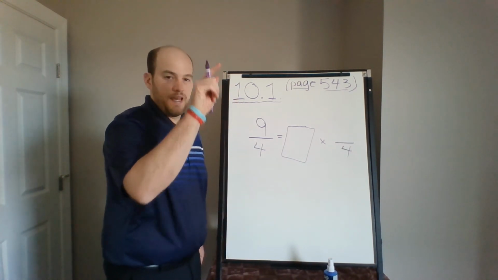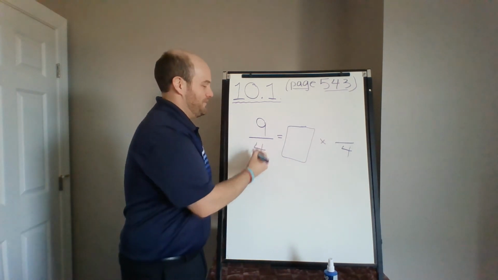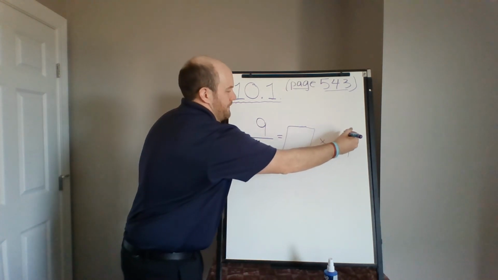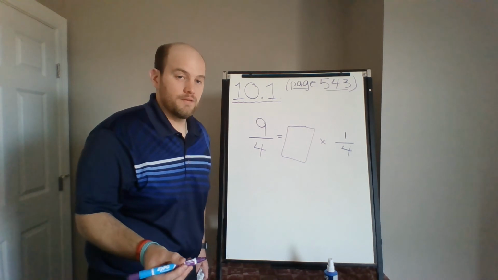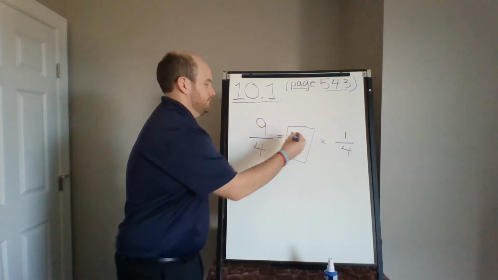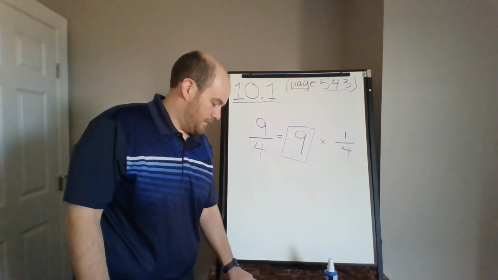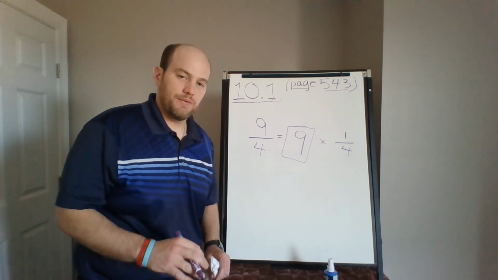I wish I had a tally on this video so you could hear how many times I've said that. The 4, the denominator never changes. Our numerator, the benchmark unit fraction, is always going to be 1/4. 1 times something gives me 9. Pretty simplistic, pretty easy once it's laid out for you.